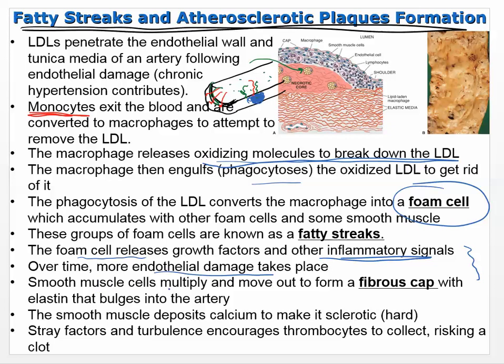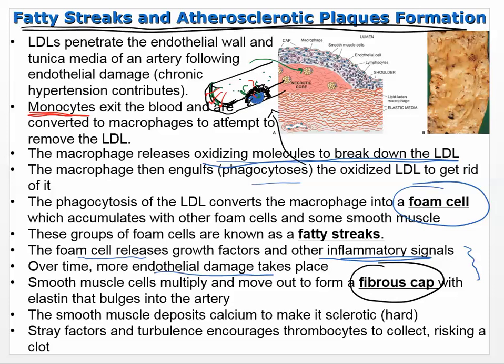Those smooth muscle cells will start to multiply and move out and surround it, and along with elastin, they will form a fibrous cap. So now, if we look up here, there's a fibrous cap of smooth muscle surrounding what was there, and this thing can continue to grow.